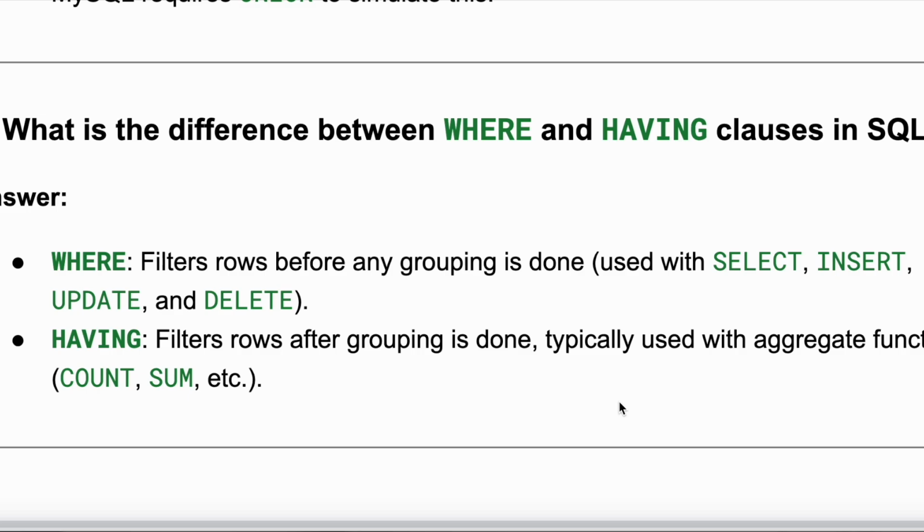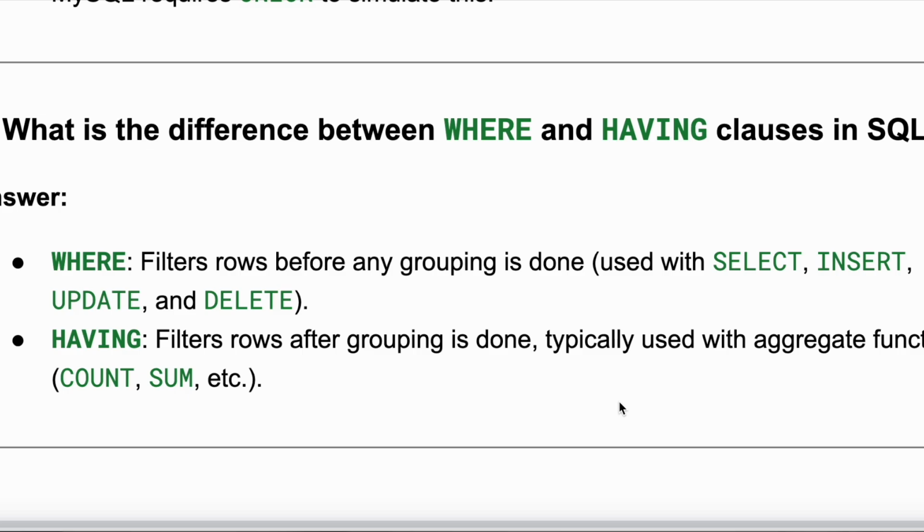So the second question which I have taken is, what is the difference between where and having clause in SQL? These clauses are used for different purposes. The where clause filters rows before any grouping is done, and you can use it with select, insert, update and delete commands.